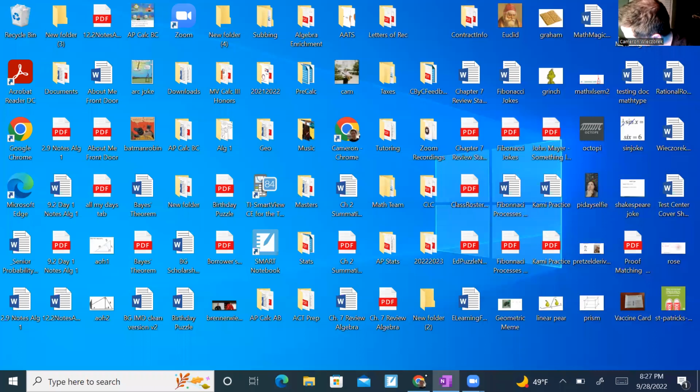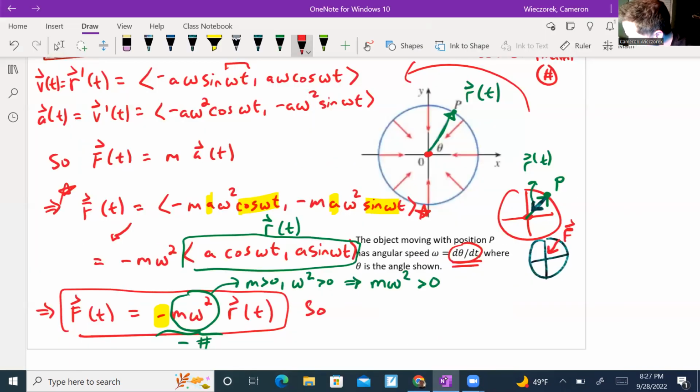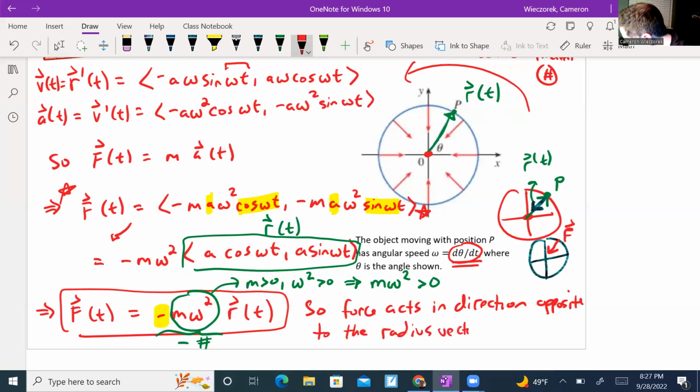So I'm just going to say, so the force acts in a direction opposite to the radius or the position vector, which was r of t.